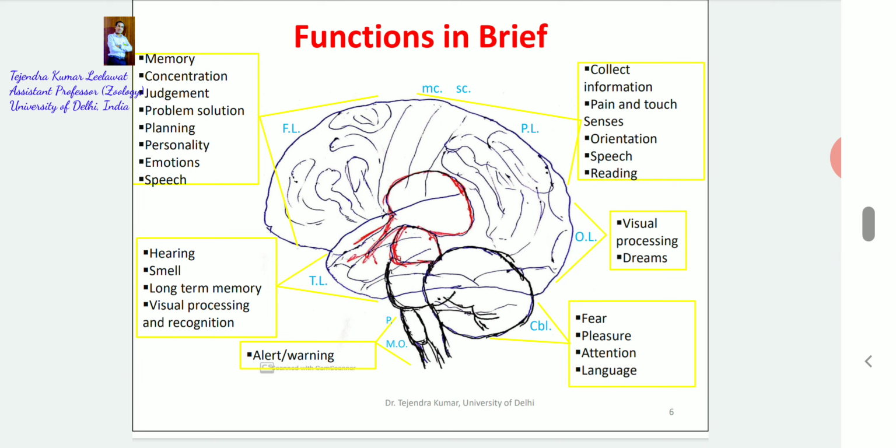Whenever I was learning a language, I was also learning how to make some emotions and different gestures of my mouth and my face, so that I can speak that type of word. These are all controlled by Broca's area.